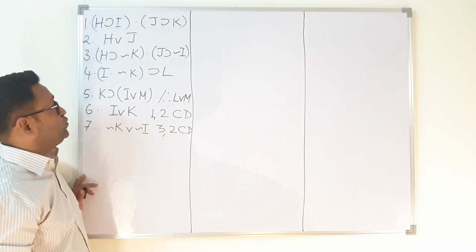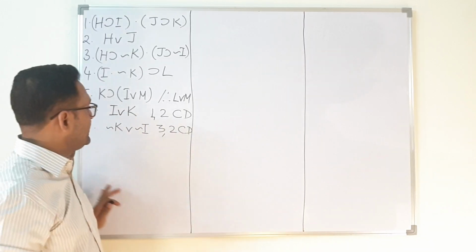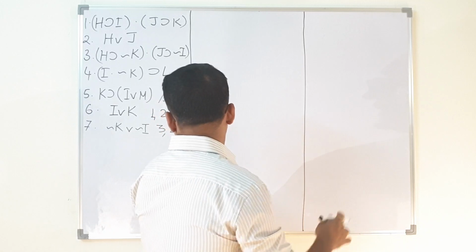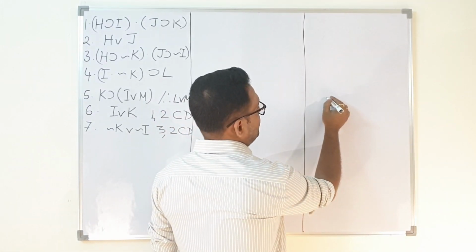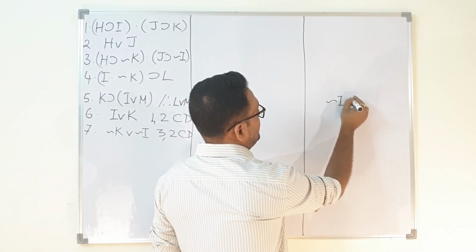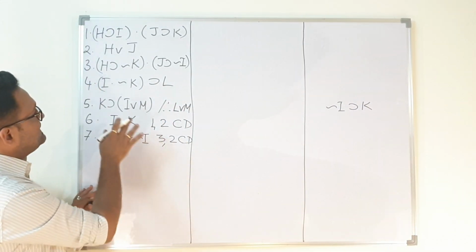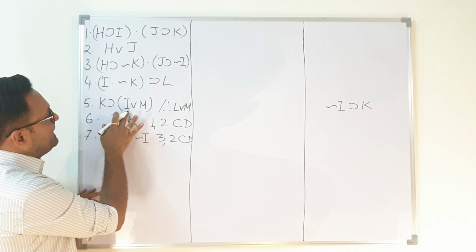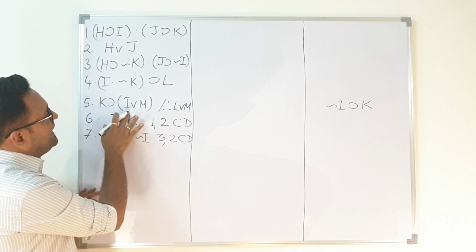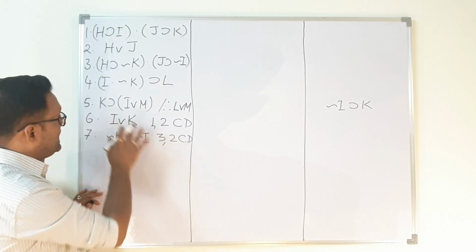Now let me do a little bit of rough work. I wedge K can become negation of I implies K, right? And you can see that K implies I wedge M is there, on this line.